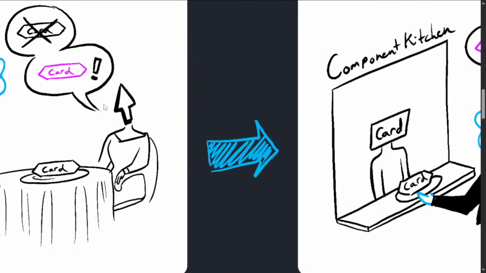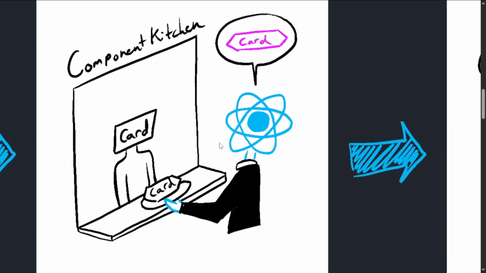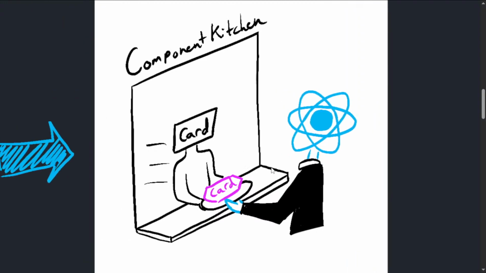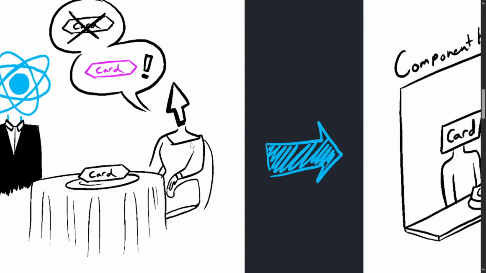Like my customer says, I don't want this card, I want more cards. Then my waiter goes to the component kitchen and orders more cards, and the card component kitchen gives back more perfect cards with different shape and size.